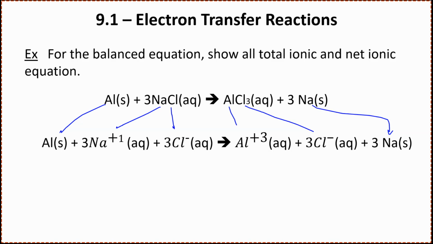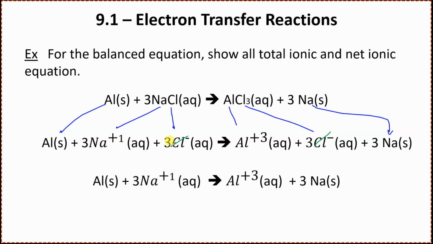Now we want to cancel out our spectator ions, which we have as chlorine. Those ones are going to go. So what we have left over in this reaction, our net ionic equation, is solid aluminum and sodium, and then solid sodium. Now I actually want to look at this reaction a little bit closer.